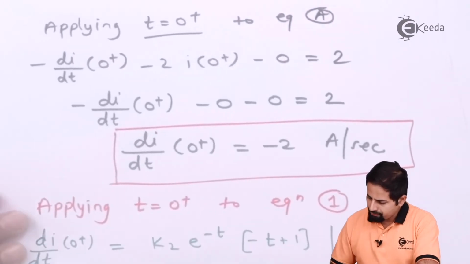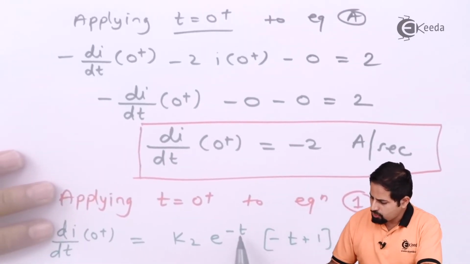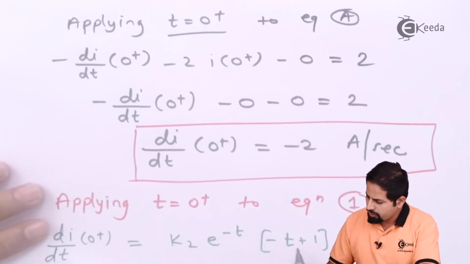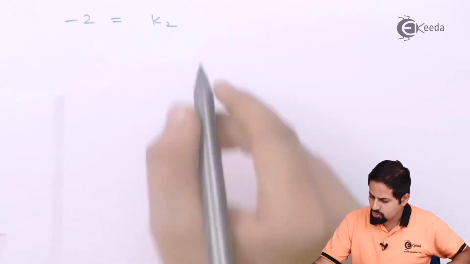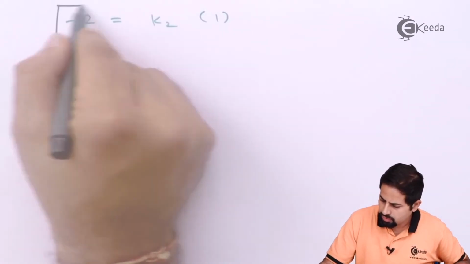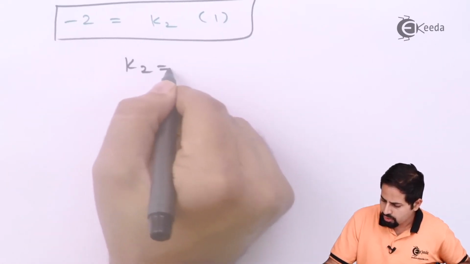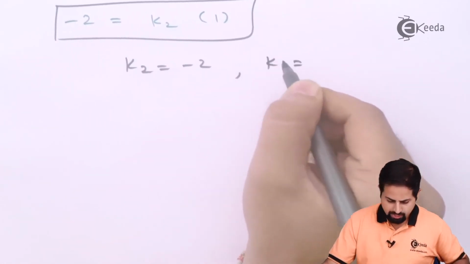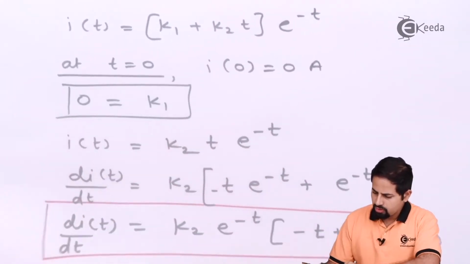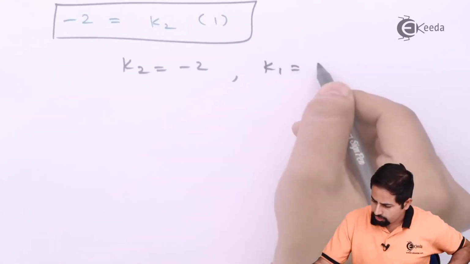That is equal to k2 into, when we put t equal to 0, e raised to 0 will become 1, k2 will be as it is, so our k2 is nothing but equal to minus 2. So k2 is minus 2, and I guess k1 that we have got is equal to 0. So both the constants are what we have got.